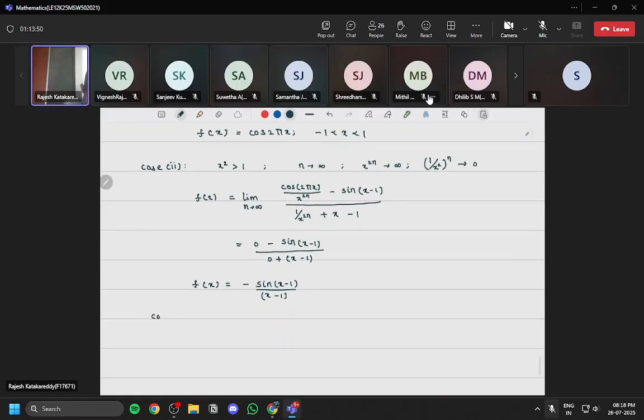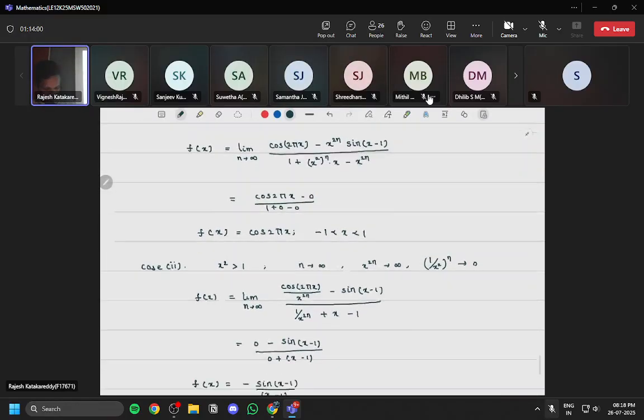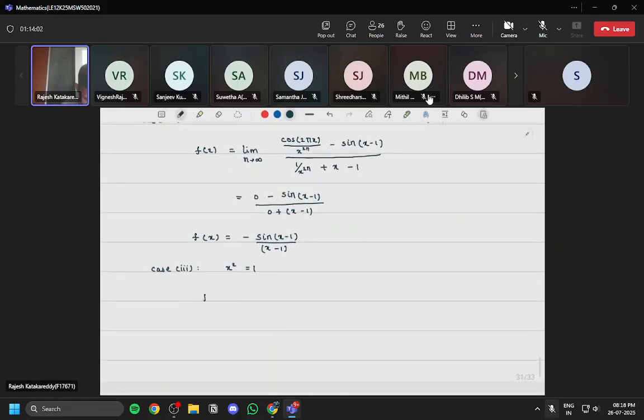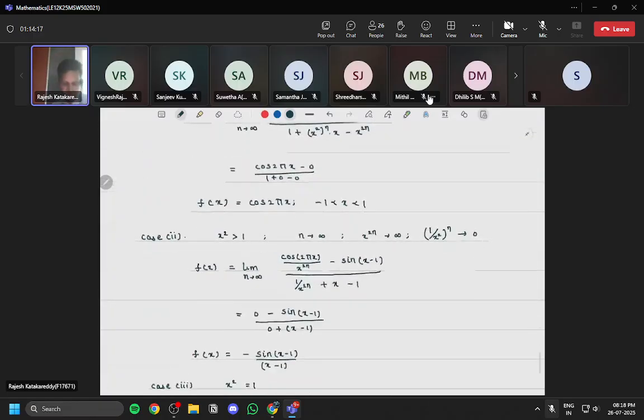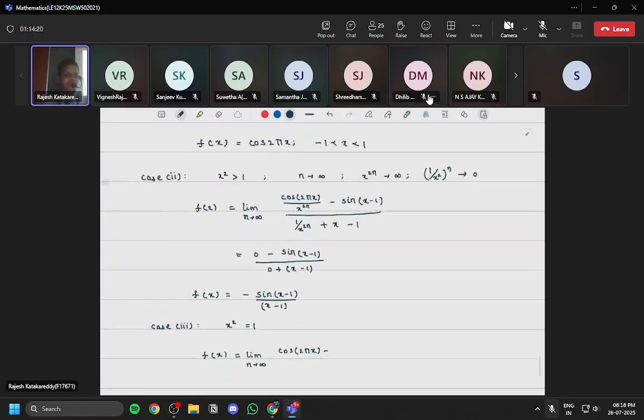So the last case, when x square is equal to 1. It is not tending to 1, don't get confused. X square is equal to 1. F of x is equal to the limit as n approaches infinity of cos 2 pi x minus 1 into x to the power 2n sin x minus 1, divided by the denominator. When x square is 1, x square to the power 2n is also 1.